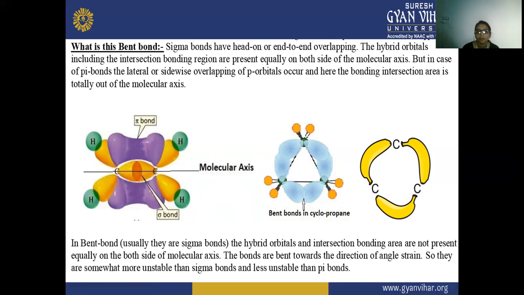But in case of a pi bond, the lateral or sidewise overlapping of p orbitals occurs, and hence the bonding intersection area is totally out of the molecular axis.